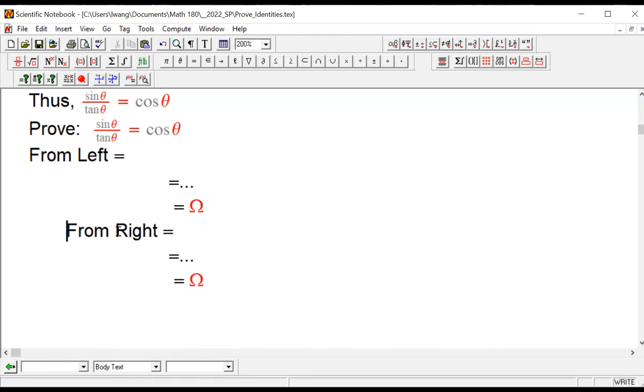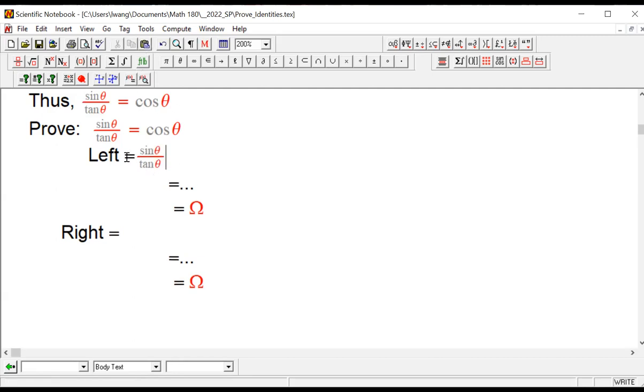So this is my left. For my left, I'm going to just continue the process. I have sine theta over sine theta over cosine theta.